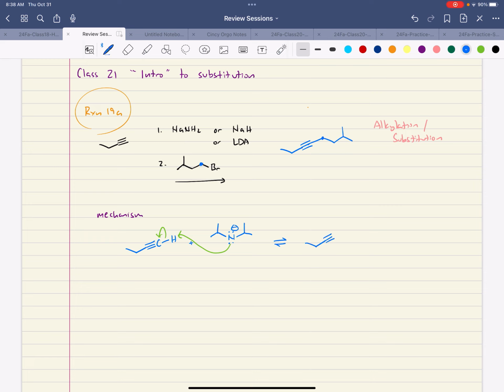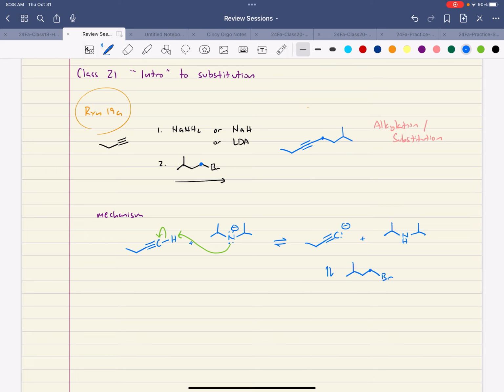I'm really hoping this terminology, such as deprotonate or terminal alkyne, is second nature to you already. We did create the alkynyl anion and the conjugate, what will this be? The conjugate acid. And next we have our alkyl halide.